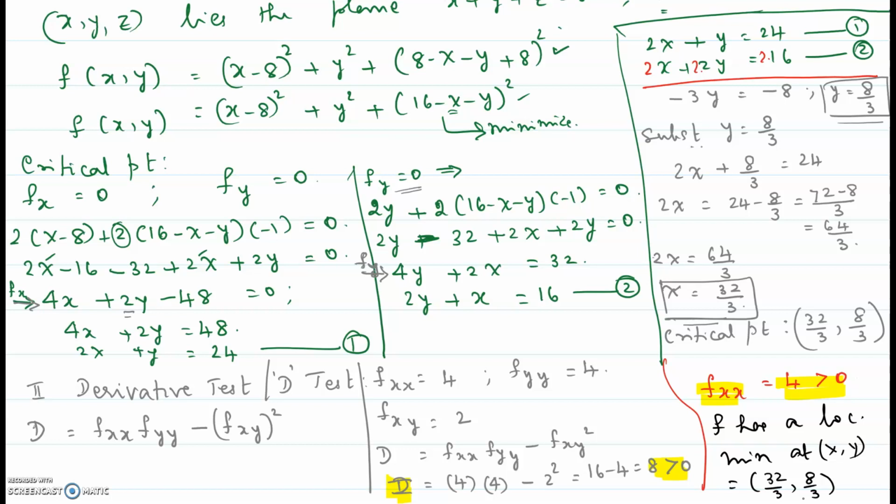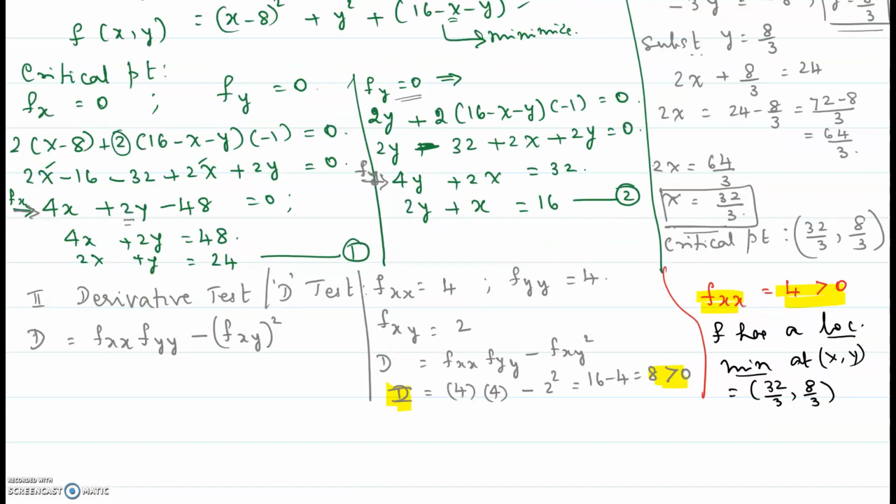So because it gives us the local minimum by the second derivative test, what we have is the shortest distance corresponding to the critical point (32/3, 8/3).